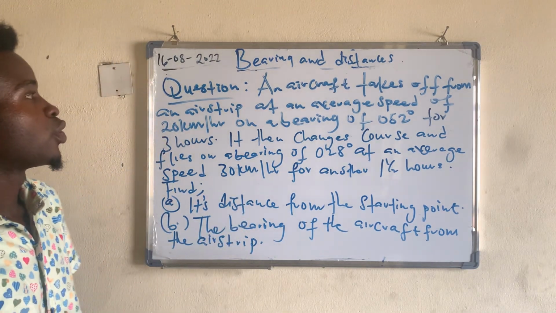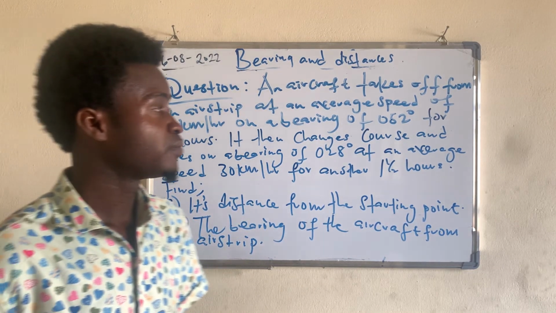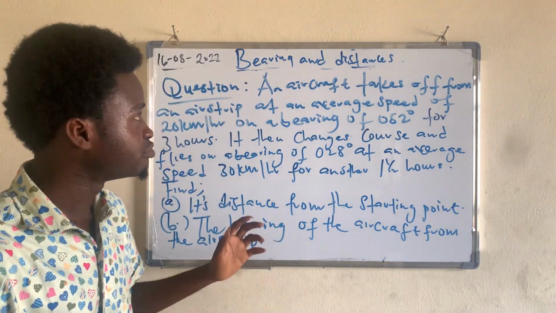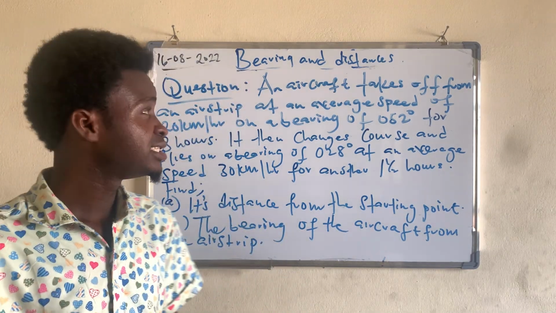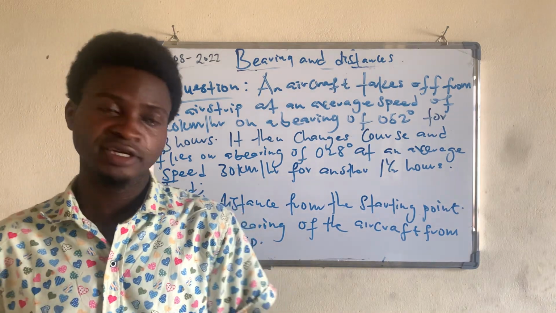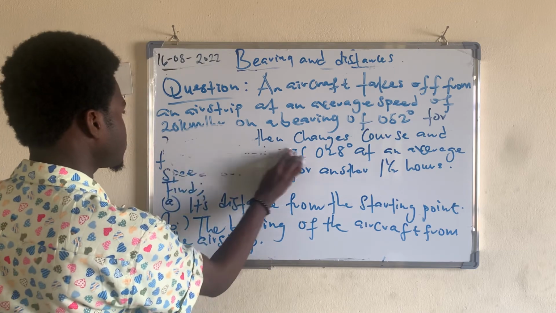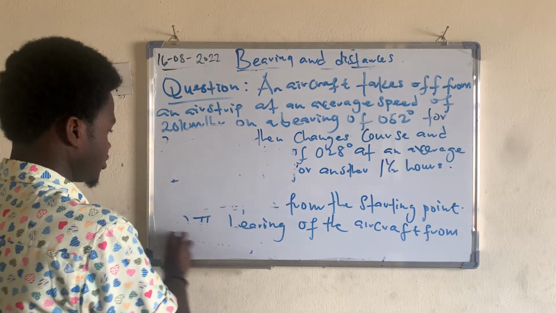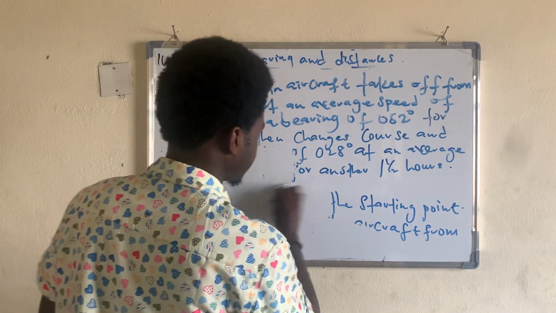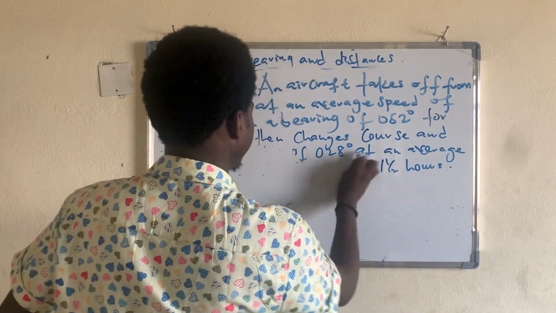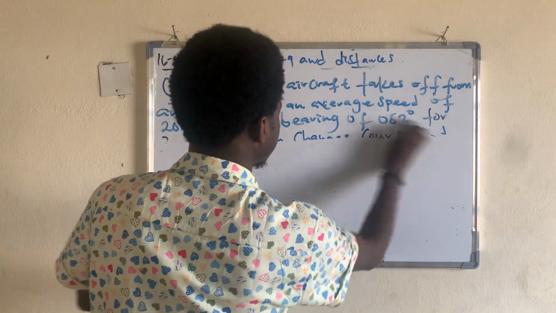So here we are going to treat this question, bring out a triangle, find the distance and obtain the bearing. I will have to rub off the board to get a proper diagram for this question.